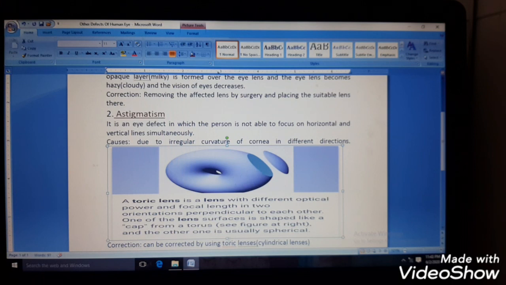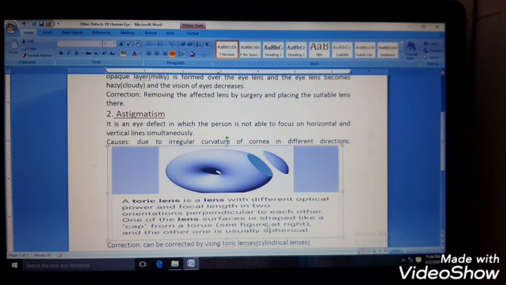One of the lens surfaces is shaped like a cap from the torus, and the other one is usually spherical. In this way it focuses on things properly when the person is not able to focus on horizontal or vertical lines simultaneously. Is that clear to you?